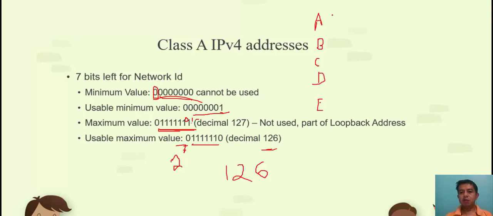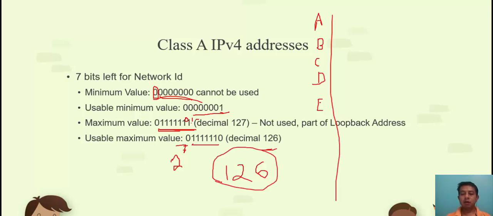Like that, 126 organizations can buy a class A address. Clear? Why? Because I have only 7 bits left for a class A address. Out of 7 bits, 2 values are unusable, the minimum and the maximum. So only 126 addresses are remaining.